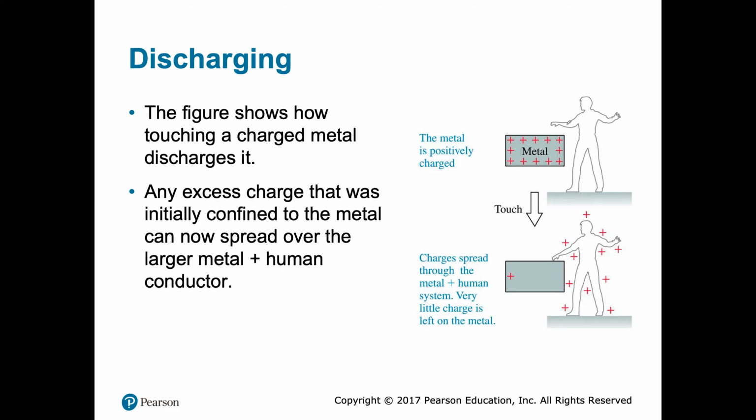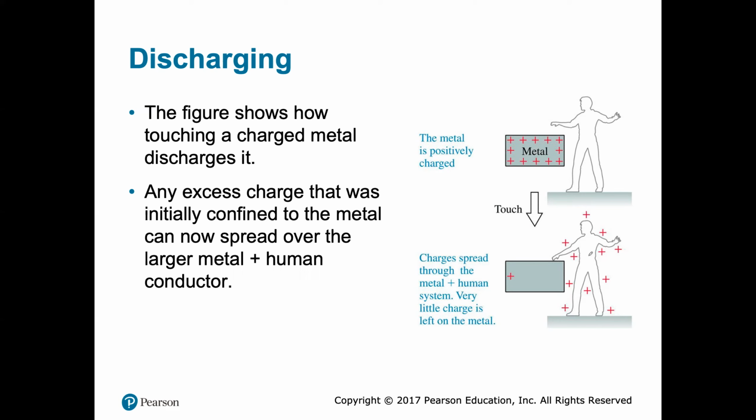So when a conductor contacts another conductor, those two become a bigger, whole piece of conductor. The charges move freely in the big conductor. They try to repel each other, so they will be distributed on the surface of the entire conductor, including the original piece of conductor and the human body.